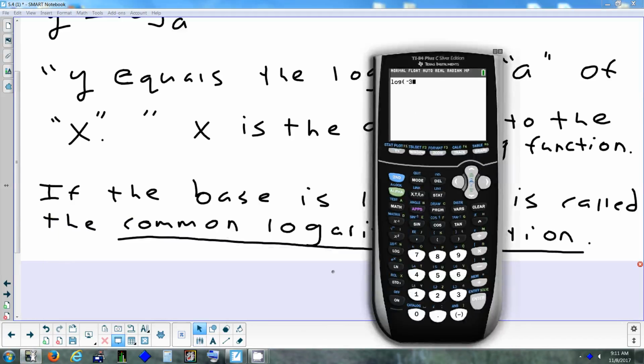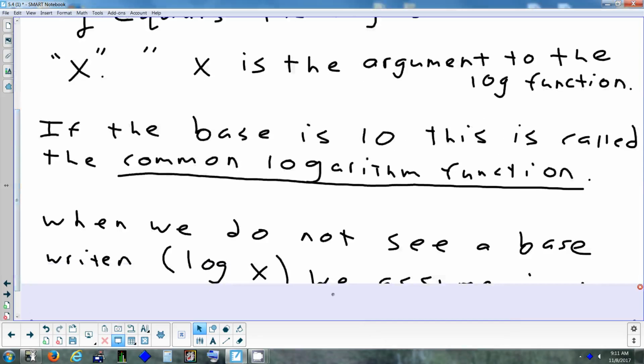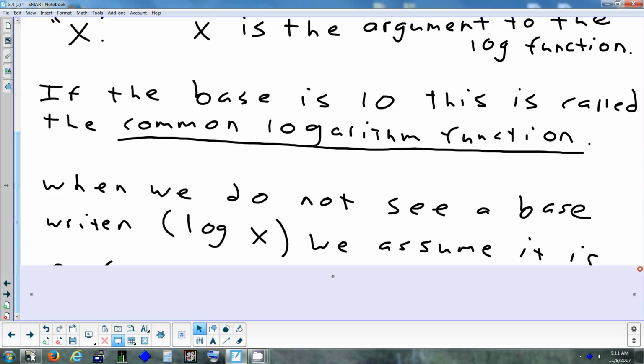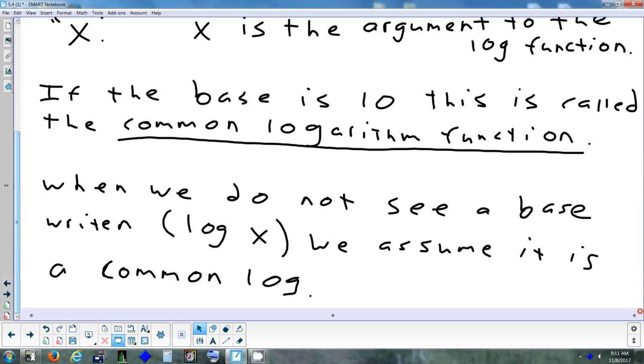So neither the base or the argument can be negative. If you try 0, that doesn't work either. So you've got to have a positive number for the argument and the base. If you don't see a base written, we assume that it's base 10, common log.